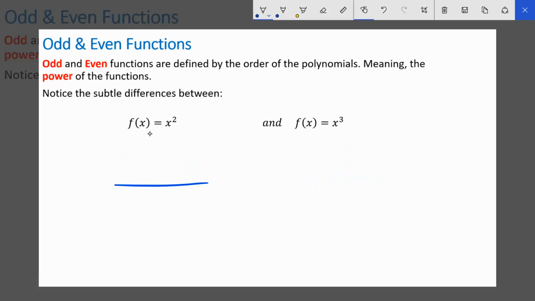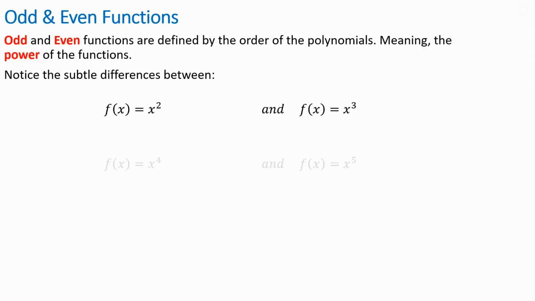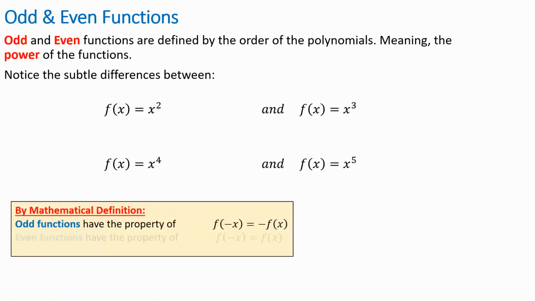Now, it's not the fact that it's odd-powered or even-powered. It's based on this definition, which is the mathematical definition of what an odd function is and what an even function is. At first it looks weird, but if I explain it, it totally makes sense. What it's trying to say is, if you want to know if it's an odd function or an even function, you test it. How do you test it? You sub in a negative number, so that's why they said negative x. Your pre-image is the negative x.